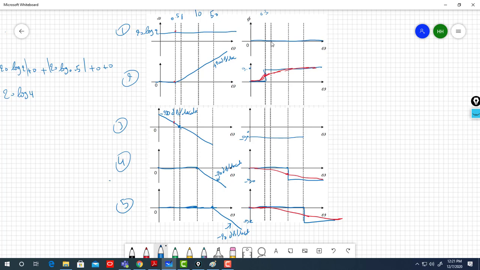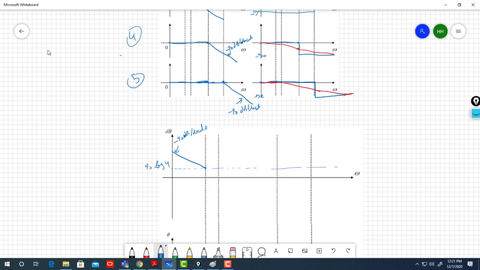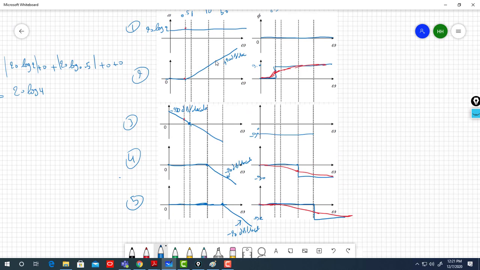Plus 20 and minus 20 cancel each other up to 10, so you keep constant up to 10 radian per second. This is the 1, this is the 0.5, this is the 10. Up to 10 you are constant, because the minus 20 decibel and the plus 20 decibel cancel each other.